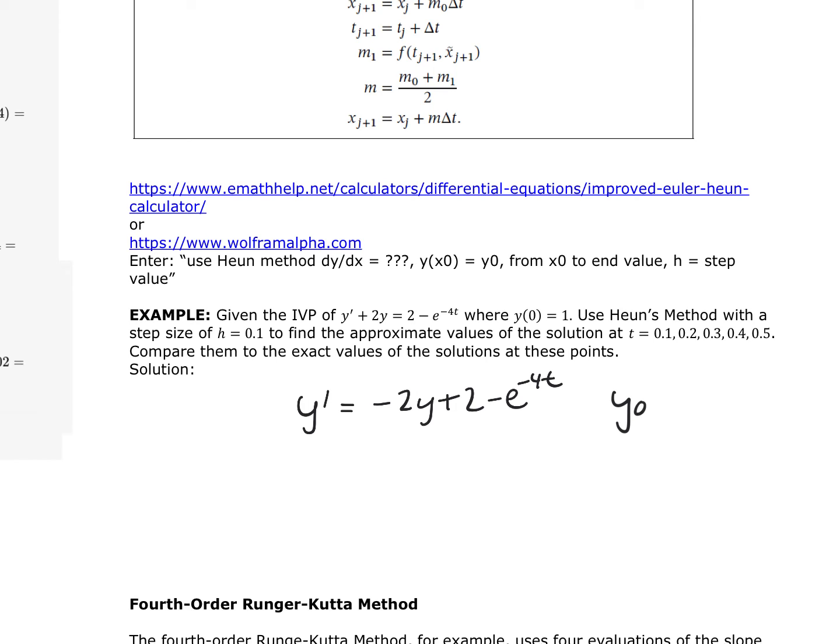Your y sub naught is 1. That comes from here. Your t naught is going to be this first number that's listed, minus your delta t, which is your h, so that's still going to be 0. And then, of course, you're going to put in your last, which is 0.5.